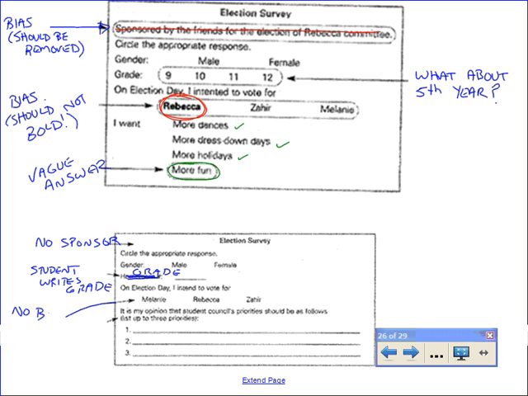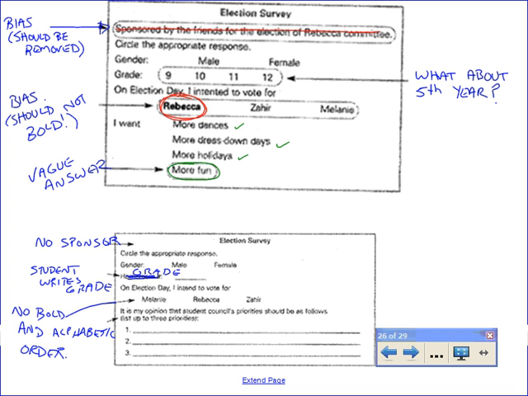So no bold, and alphabetical order, so that it's less biased again. So not only taking out that bolding, but it's also getting rid of that.